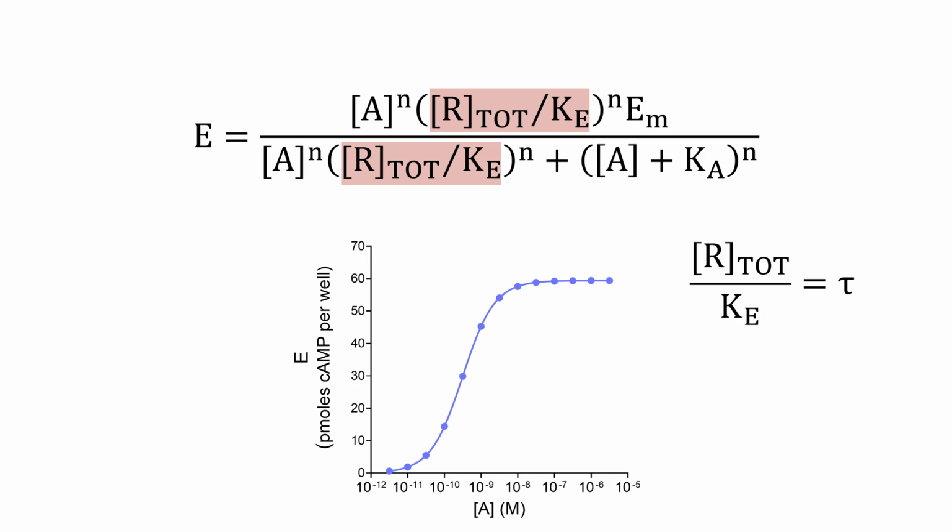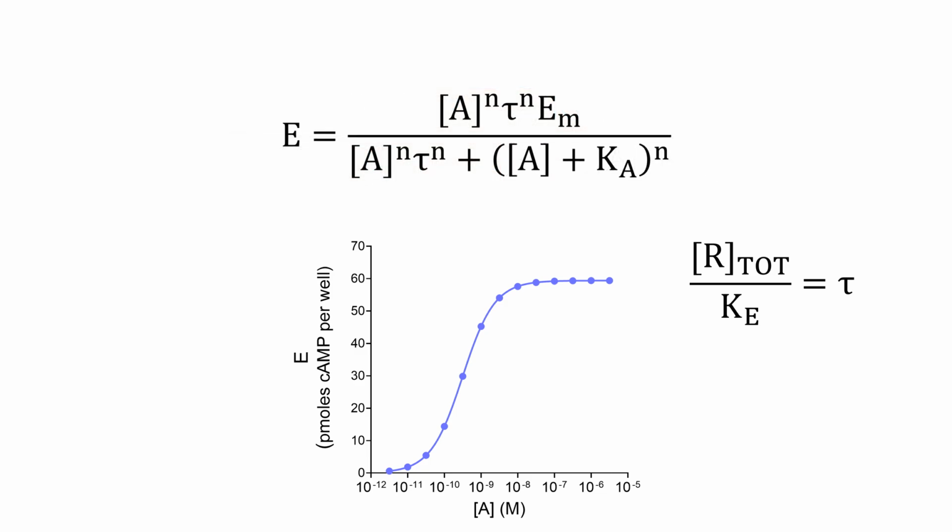The higher the value of tau, the stronger this interaction and the stronger the signal. We will see how this works in a moment. We can substitute R tot over Ke with tau in the equation. This gives us the form of the operational model equation we see in papers and textbooks.